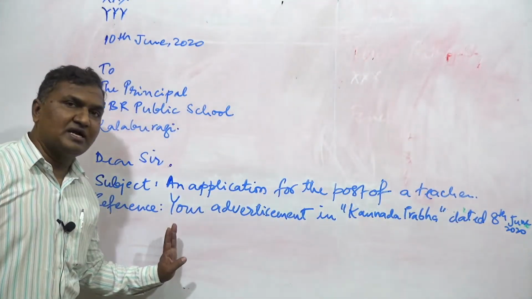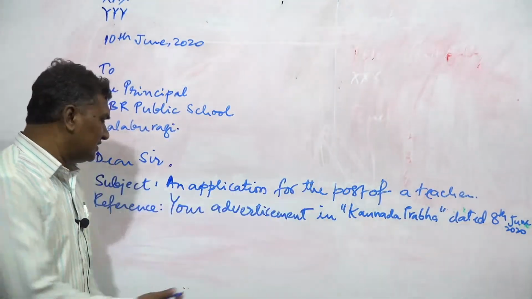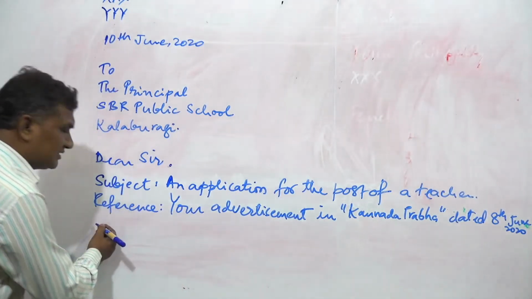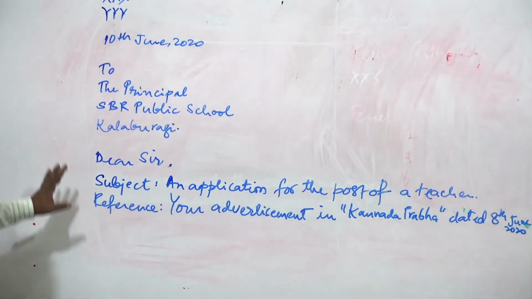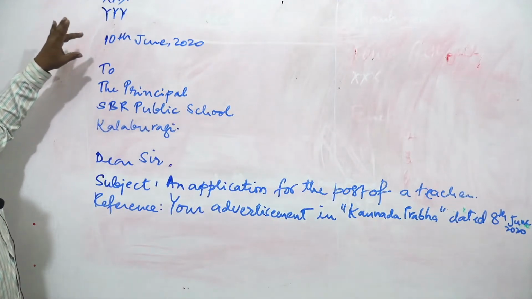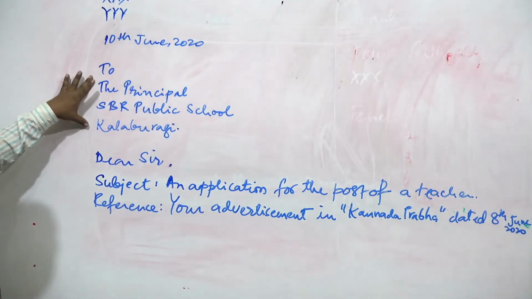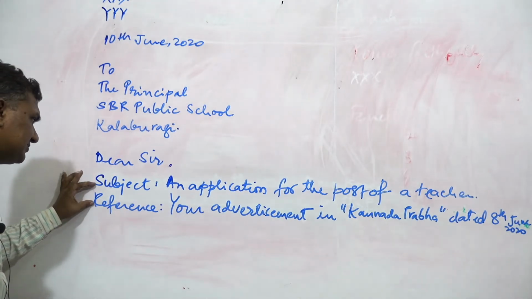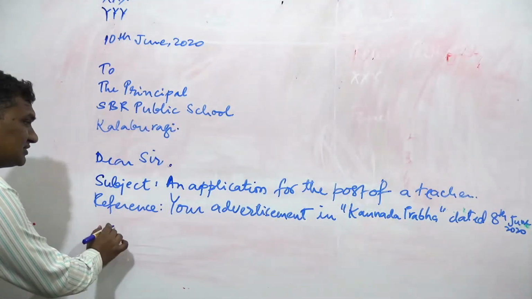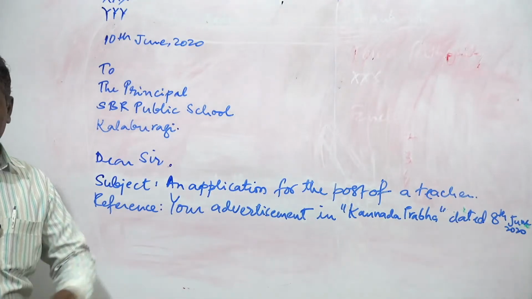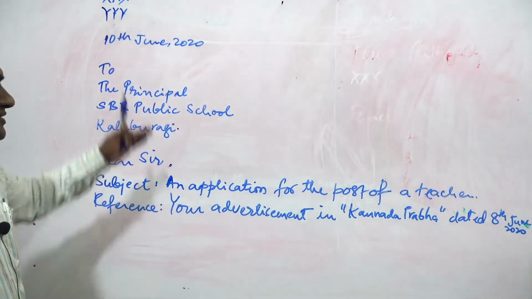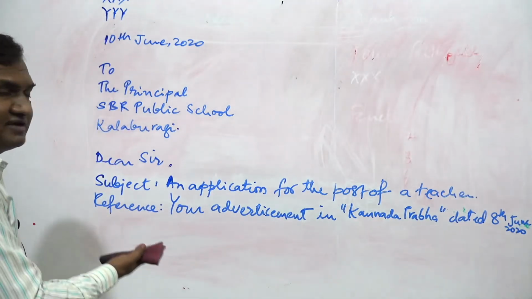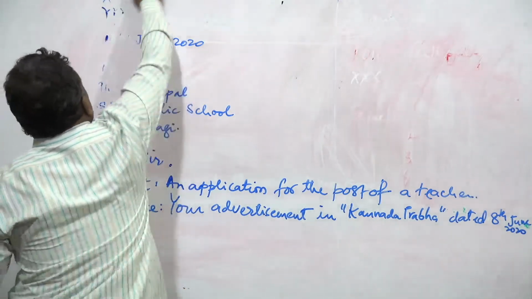As far as possible, try to complete it in one line. If not, come to the next line and begin here, but not here. This is from address, date, inside address, salutation, space. No need to use space with the subject and reference. Now leave the space and start the body of the letter. Let me clean this and we can start with the body of the letter.